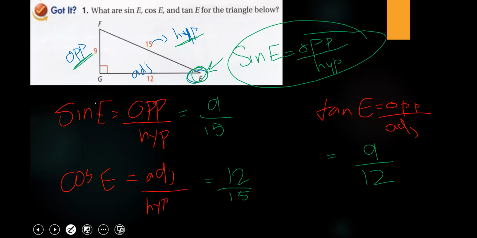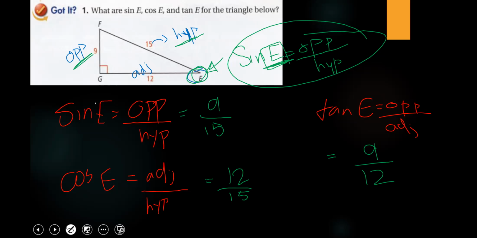Because here I told you to find sine E, sine of angle E. From the question, they told me to find sine E. So I ask where E is. This is E, so this is the opposite and this is the adjacent. But if I told you now sine F, you would have to change everything. You have to change the opposite and the adjacent. Okay, got it.